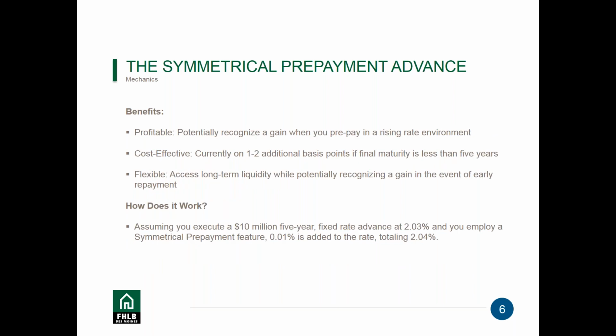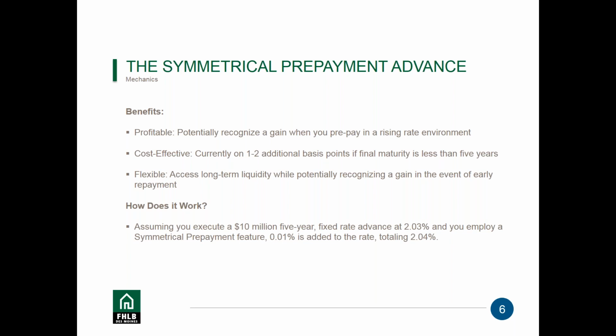So let's get into the mechanics a little bit here of the symmetrical prepayment advance. And again, it allows you to recognize a gain when or should you prepay the advance in an interest rate environment that is higher than the rate environment that existed when the advance was originated. To realize, again, this monetary value, you need to prepay it prior to maturity.